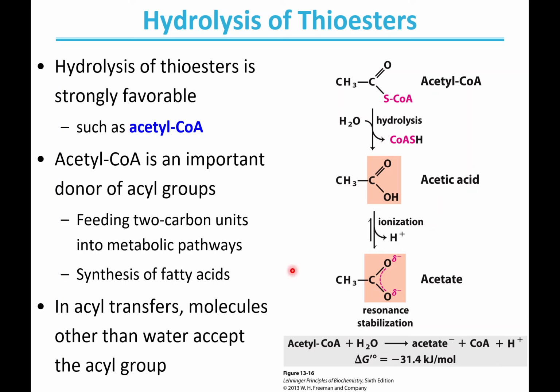This is how you feed two carbon groups into metabolic pathways. One of the important uses of these two carbon groups is the synthesis of fatty acids. And acyl transfers transfer the acyl group to molecules other than water.